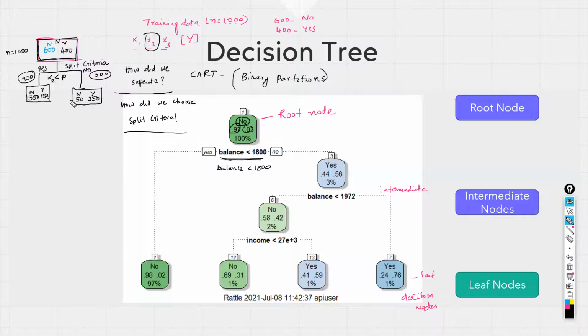Otherwise, there is no point in splitting this node into two smaller nodes, right? So the objective of this split is, compared to the parent node, in the child nodes we want to have better separation between these two classes. It's a binary classification problem.